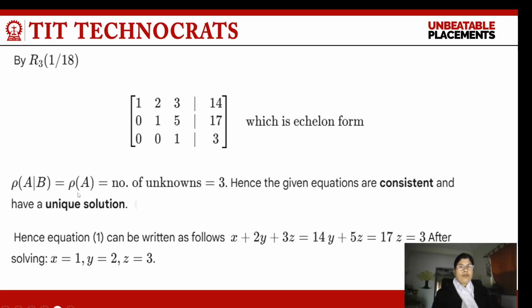Here rank of AB is equal to rank of A is equal to number of unknowns is equal to 3. Hence the given equations are consistent and have a unique solution.